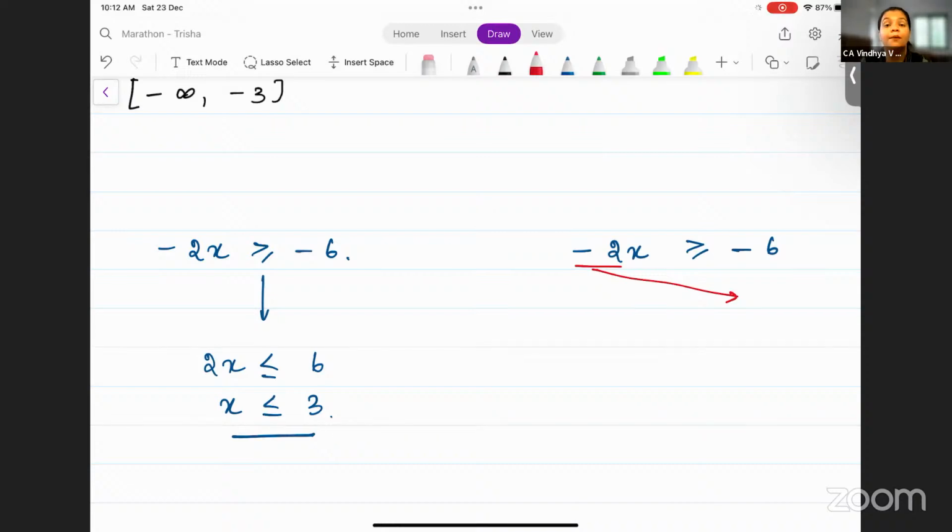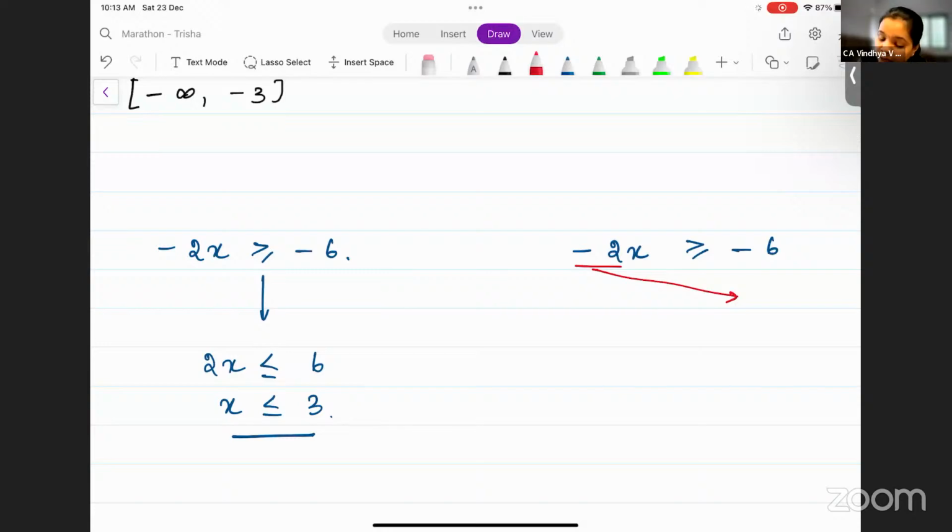But because you're shifting a minus sign either by multiplication or by division, remember this, right now we are dividing it, correct? When you shift a minus sign from one side of the inequality to the other, either by multiplication or by division, the sign in between will reverse.